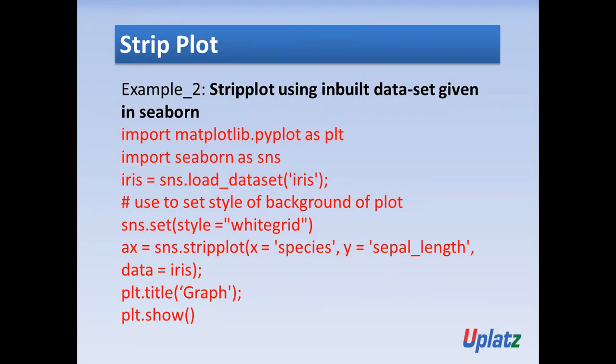The result of this we assign to the variable iris. This means it is going to have the inbuilt data set, all the data of the iris data set. Now with the help of this iris data set, we are going to create the strip plot.